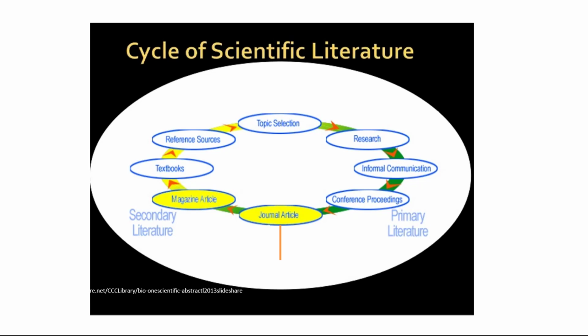Which would be considered primary literature if it was original research, and then someone else can go on to write about our research and publish that in their own journal article as a literature review. Then it can be talked about in a magazine, that can go into a textbook or reference source, and those are all secondary literature examples there. But just want to make it clear that a journal article can be both primary and secondary literature.